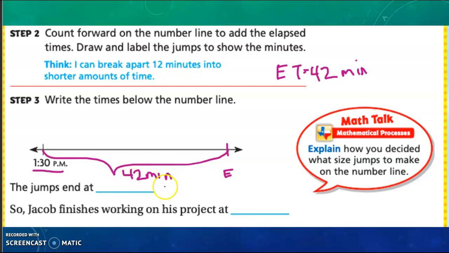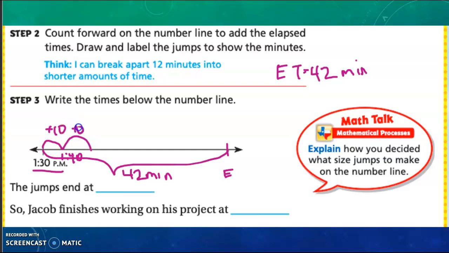So I'm going to use a number line to count that time. You can choose the size of the jumps that you want to do counting your time. You can count by 5s, you can count by 10s, you can count by 20s, whatever is easier for you. So let's go ahead and add and count by 10. So I'm going to add one jump of 10. My time is going to be 1:40. I do another jump of 10.